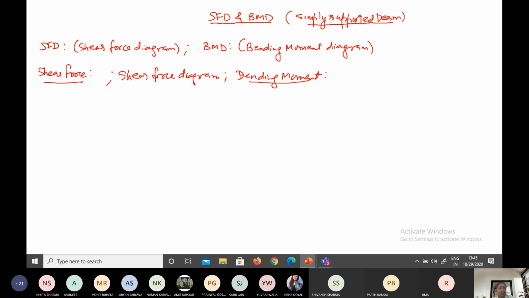So this is the definition of bending moment.